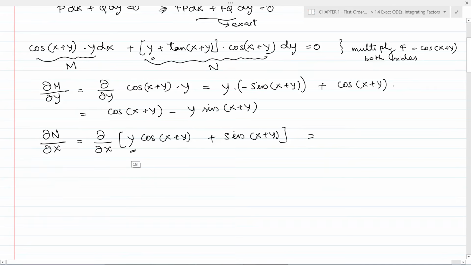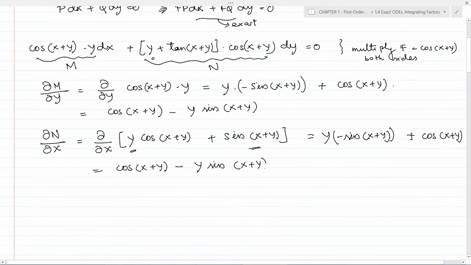So, we take y outside of the differentiation, and the derivative of cos(x plus y), where y is a constant, is minus sin(x plus y) multiplied by the derivative of x plus y, which is 1, plus the derivative of sin(x plus y), which is cos(x plus y). This can be written as cos(x plus y) minus y sin(x plus y).